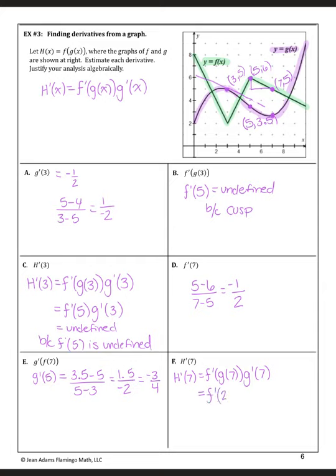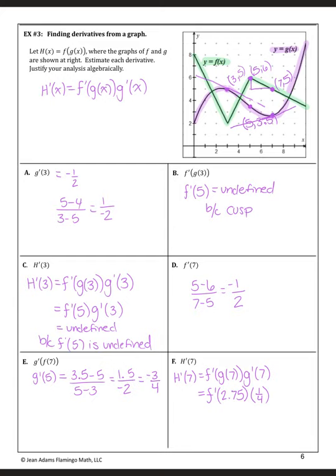So f prime of 2.75, and then g prime of 7 over here. Let's see, what would you say? Probably about 1/4. If I had a ruler on this notes app here, it would look better, but that slope is about 1/4.